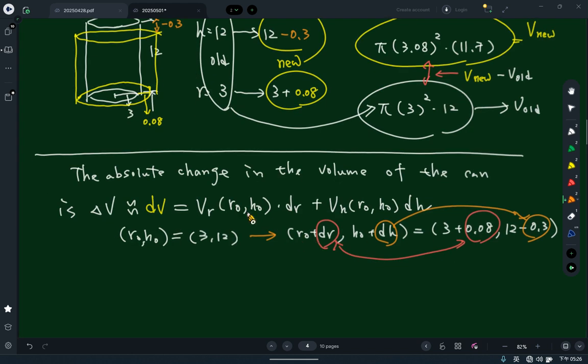Based on this, we can almost estimate it as 2 pi r0 h0 dr plus pi r0 squared dh.